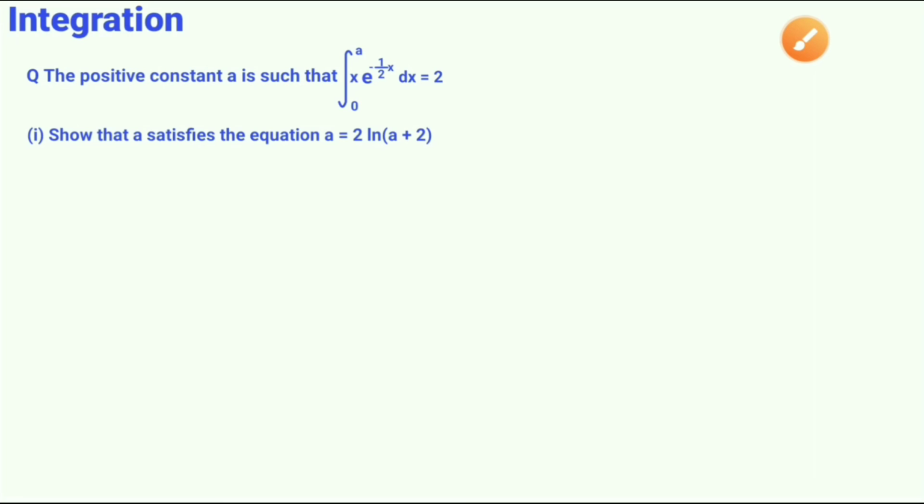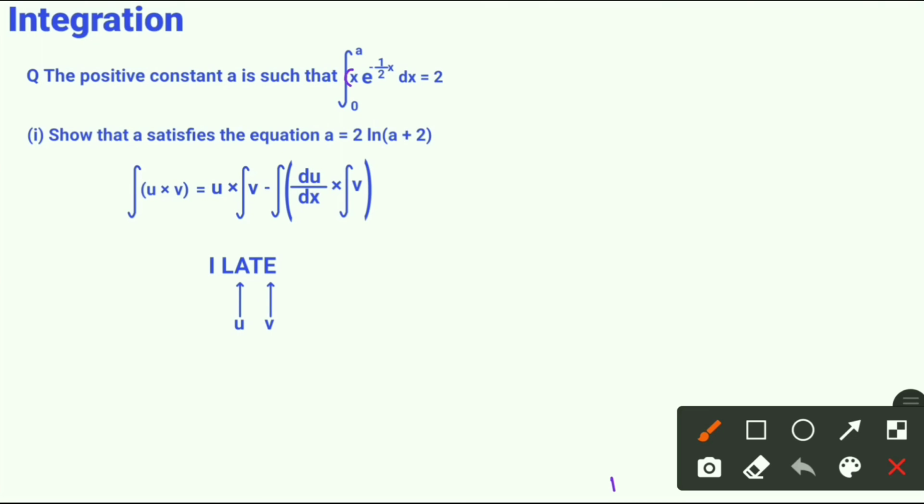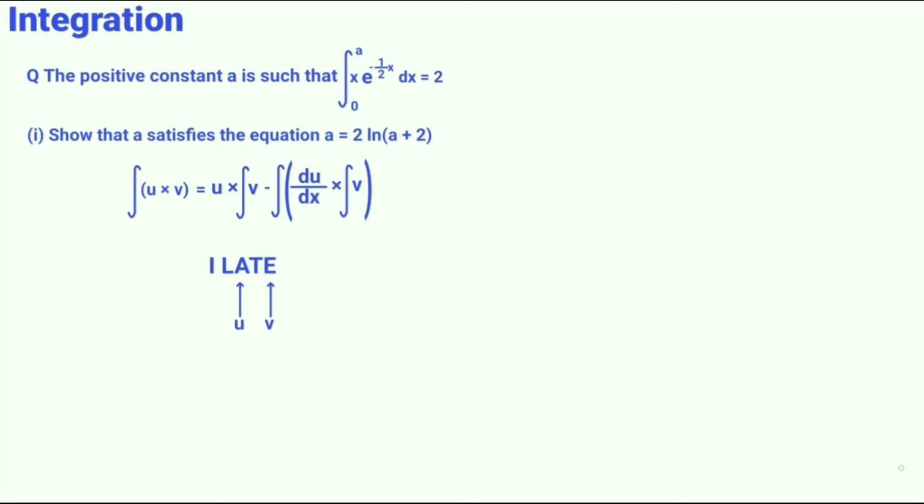Now we're going to do some questions. The positive constant a is such that this; show that a satisfies the equation. So we got two things here. One is algebraic, the second thing is exponential. So we're going to choose u and v. The first comes as algebra, so it will be u, and the second one that comes later is exponential, which is v.